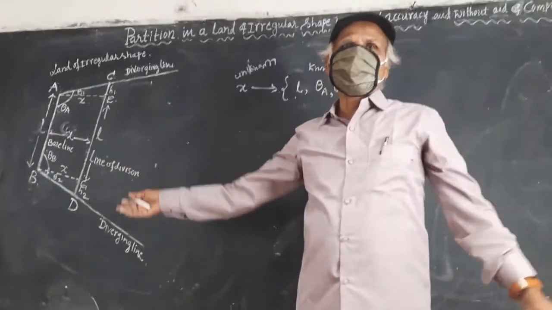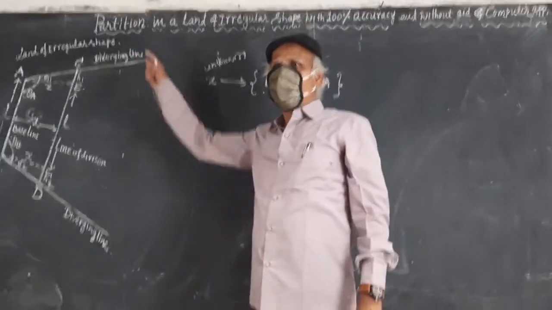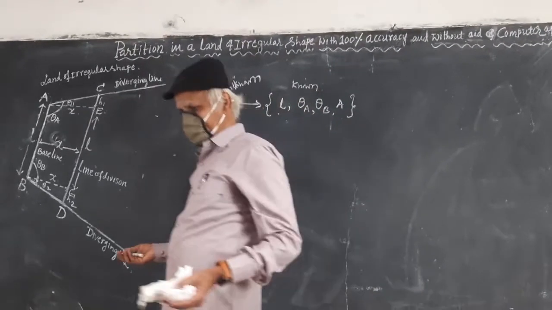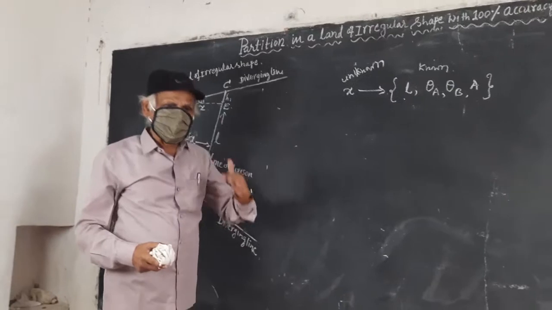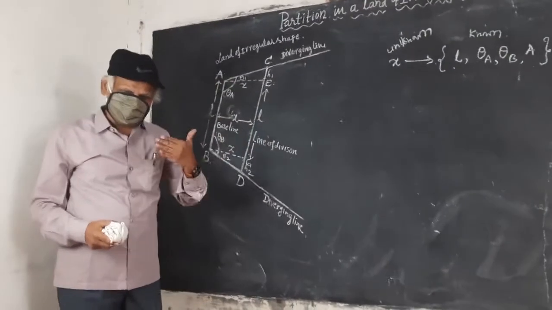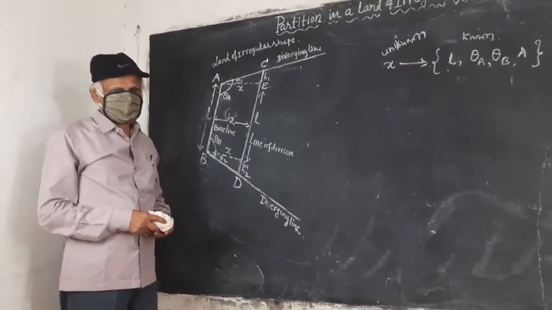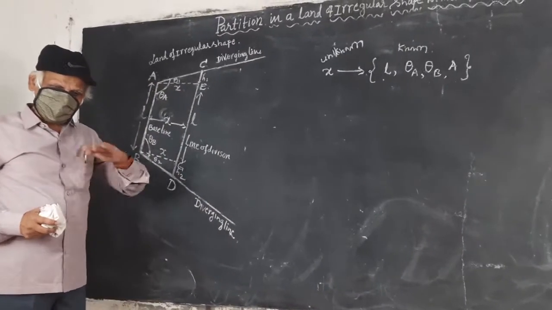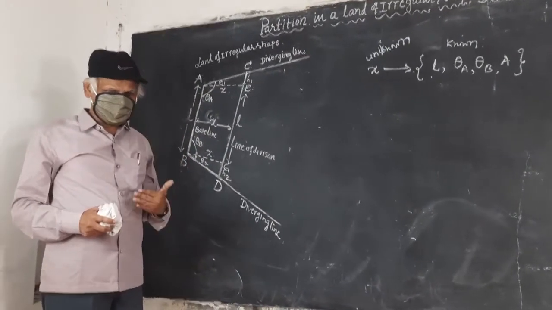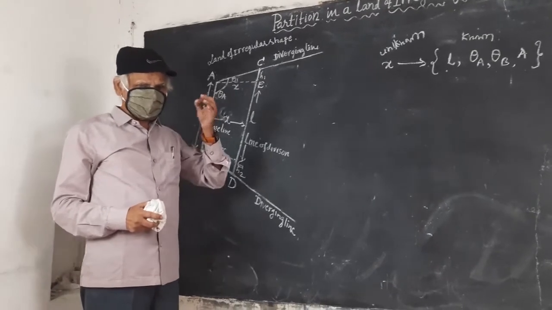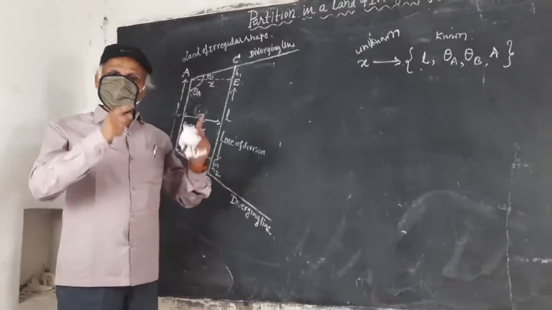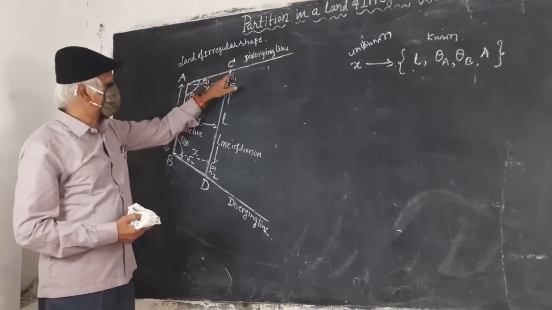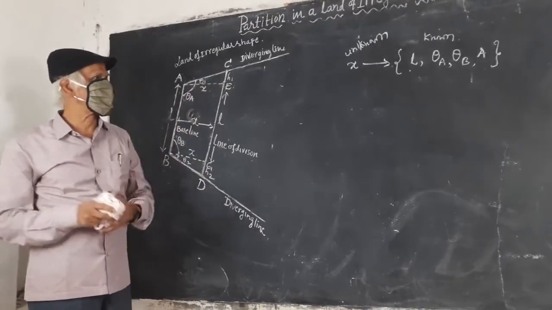Having designated all these quantities, the next is to find an equation in X. I suppose that to find an equation in X, it is convenient and it is better to find H1 and H2 first.